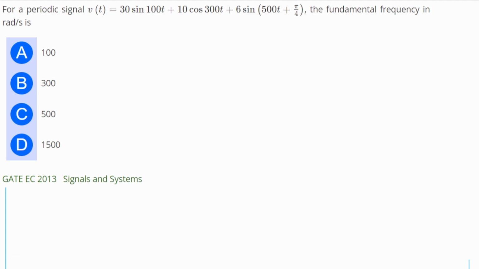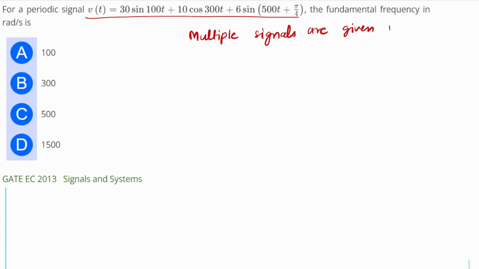In the next question, it is easy because they are just asking us to find the fundamental frequency, right? And the signal is given like this with different values of different signals. So we have to just find the individual frequencies and we have to find the HCF of all the frequencies in order to find the fundamental frequency. So this is the process. If multiple signals are given in addition only.